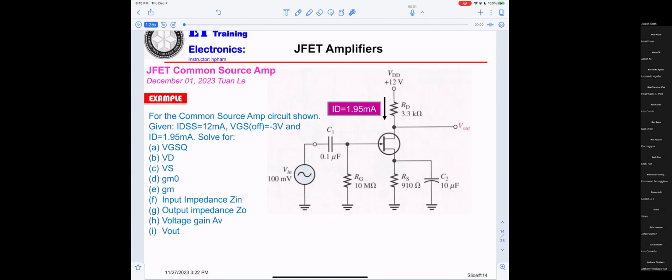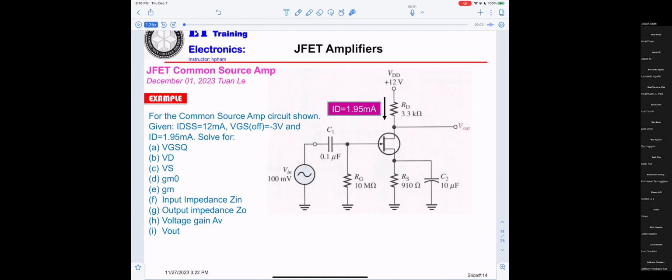Is it ID equals 1.95 milliamps? No, the question is what type of DC bias? Self bias. Self bias, you're supposed to use the graph, but they did not give a graph. What did they give to you? ID. Perfect. They gave you ID 1.95 milliamp.